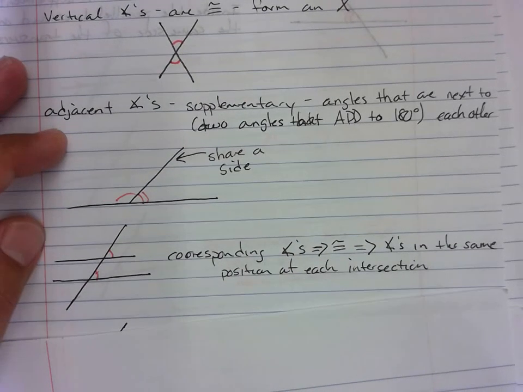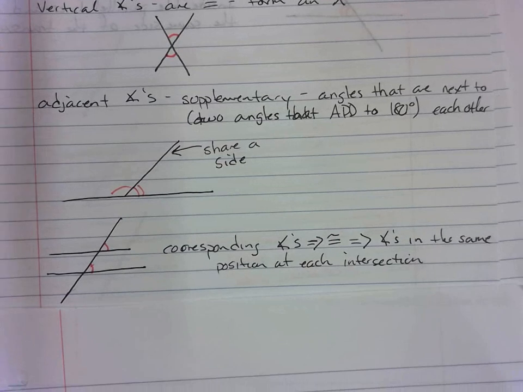Corresponding angles. Corresponding angles are congruent, and they're angles in the same position at each intersection. If you look at that picture, both of those angles are in the top right corner at each intersection. Same position, corresponding. If they're corresponding, they're congruent.